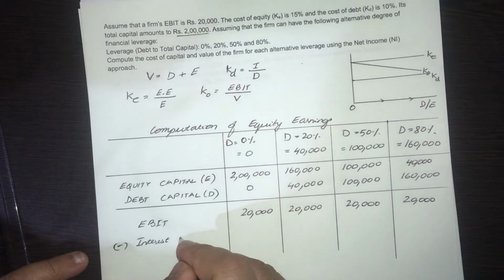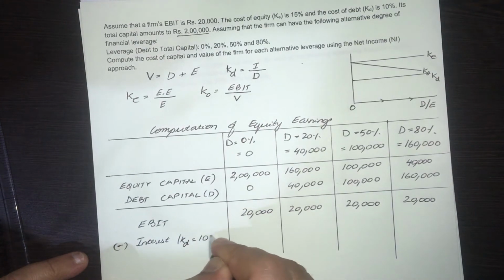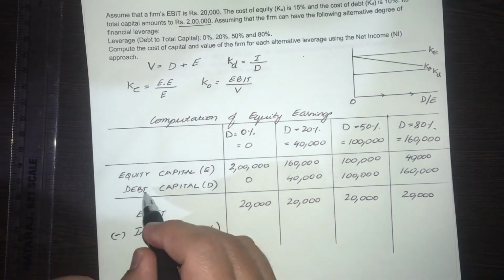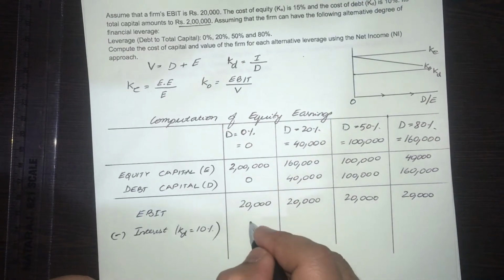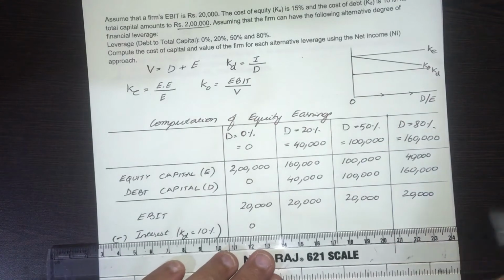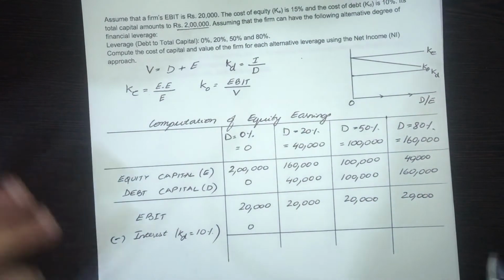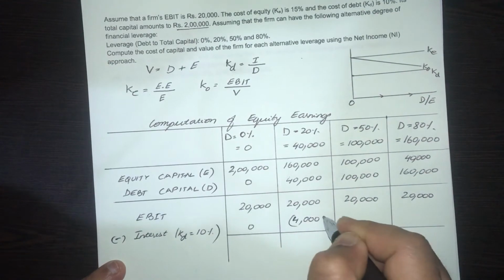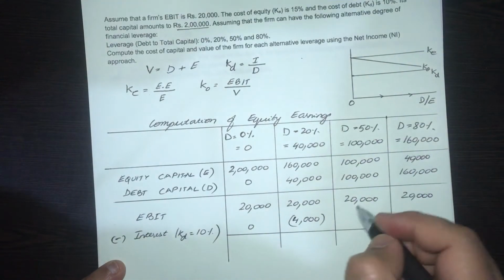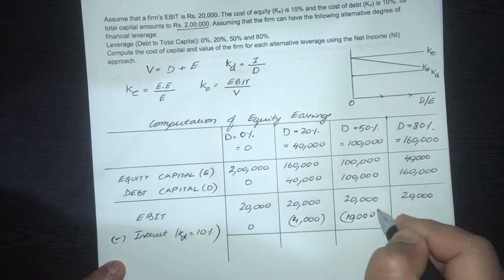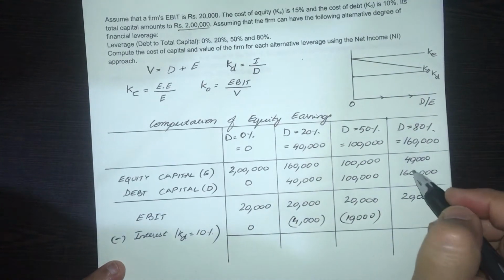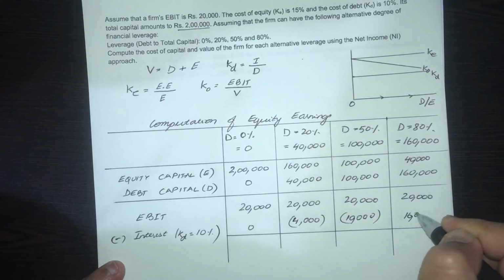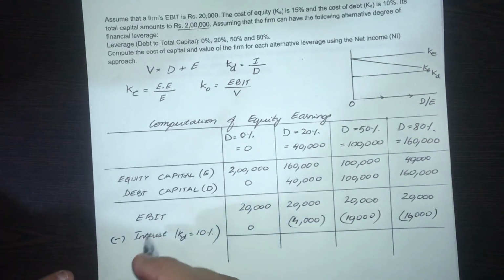KD is 10%. 10% on what? 10% on the debt capital. 10% on 0 is 0. 10% on 40,000 is 4,000. 10% on 1 lakh is 10,000. And 10% on 1,60,000 is 16,000.